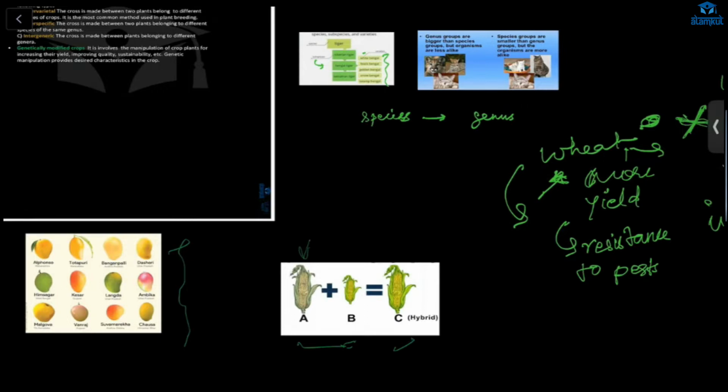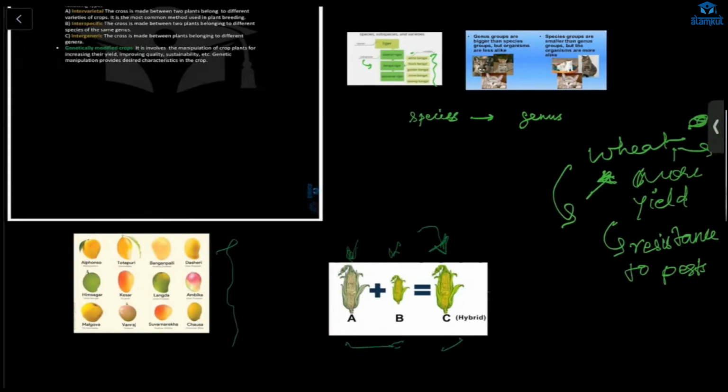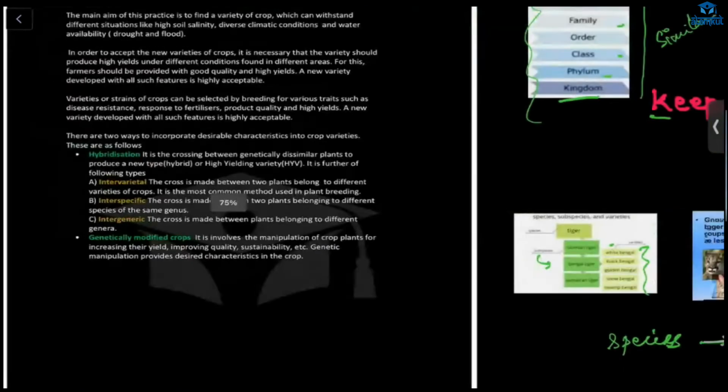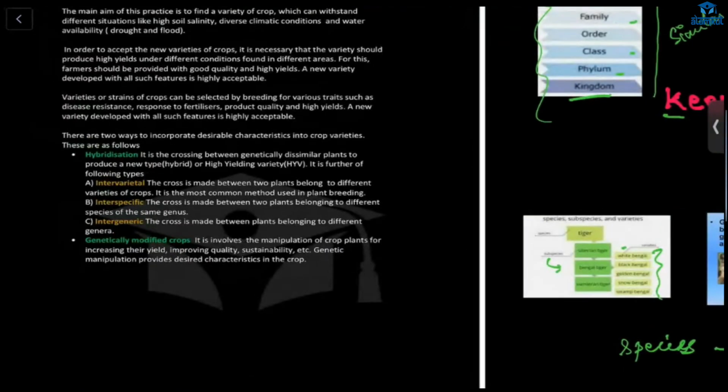Here it will be different, here it will be different, and mixing that, we get a hybrid mix of both of these. Ma'am, that is how we get sweet potatoes and red potatoes and all. Yes, all those are hybrids.